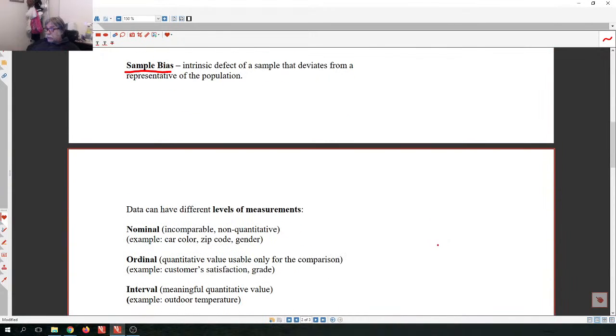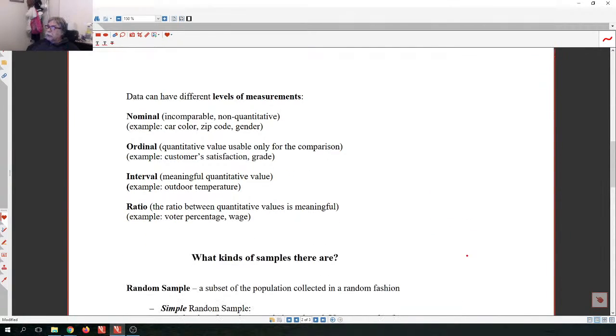Okay, when data is collected, the data might have different levels of measurement. Some of the data is only of a nominal level of measurement, which means it has only nominal value. For example, color, gender, zip code. A zip code actually comes as a numerical value, but it doesn't really have any numerical meaning.